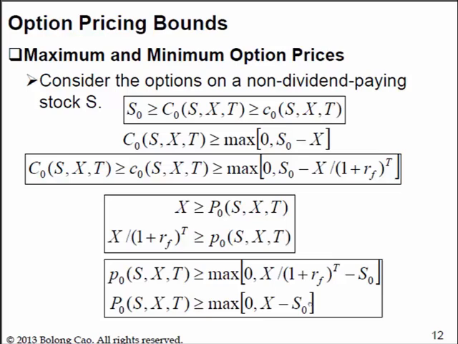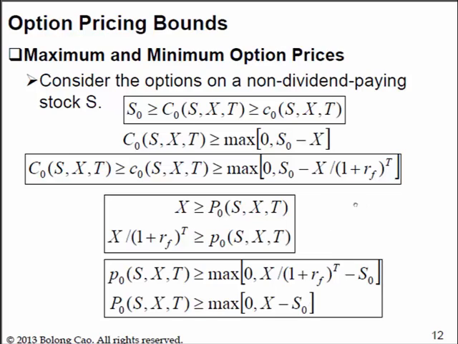Both these two differences are positive. Obviously, the present value of the strike is a smaller number, so the lower bound for the European put is lower than the lower bound for American put.